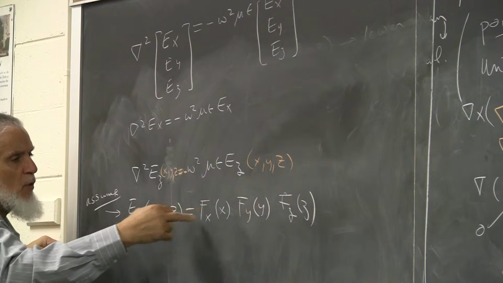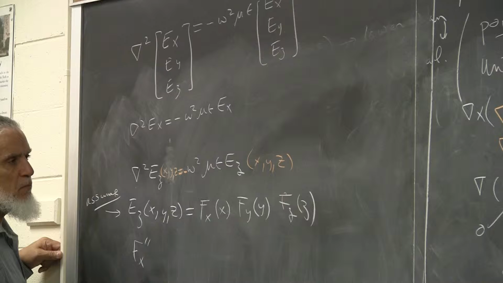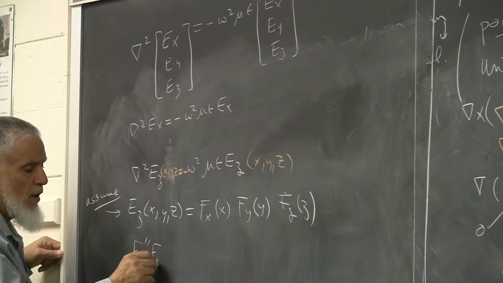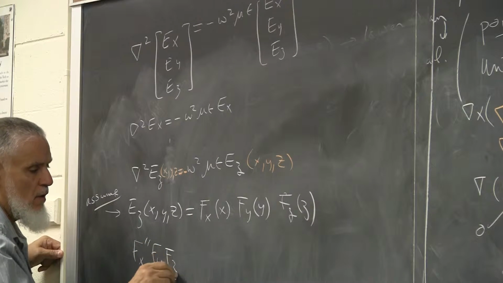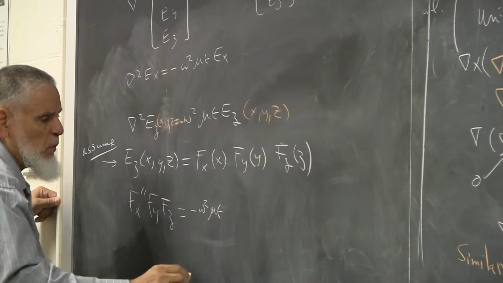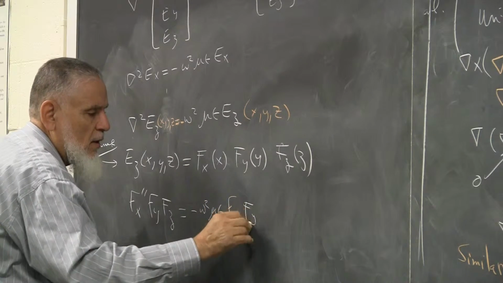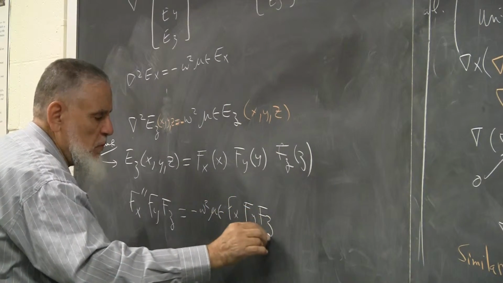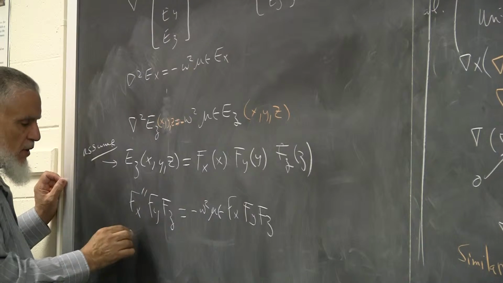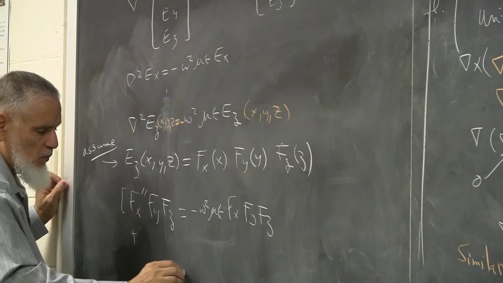So you differentiate that twice with respect to x, you end up with fx double prime times fy times fz is equal to minus omega squared mu epsilon fx fy fz.